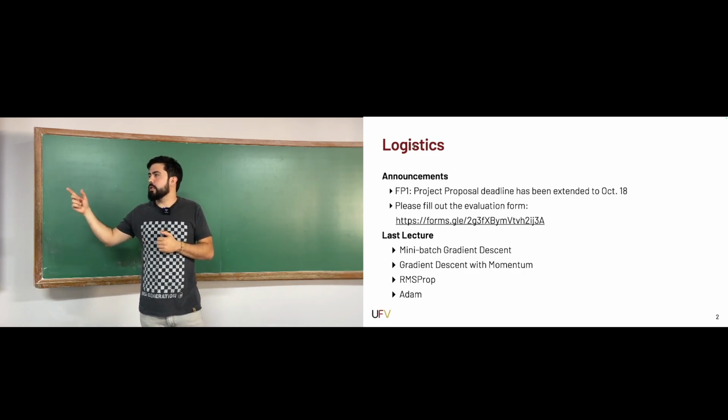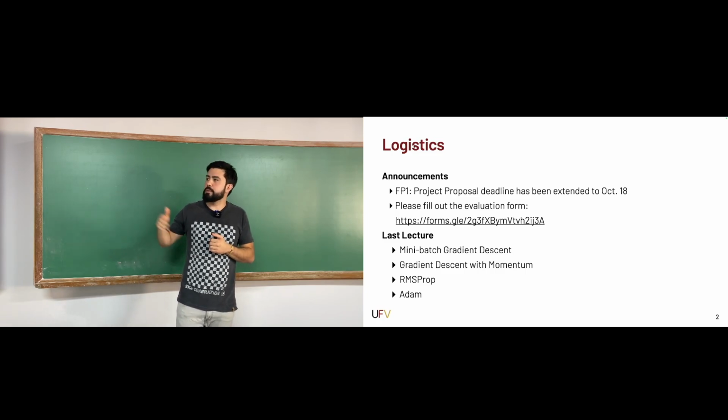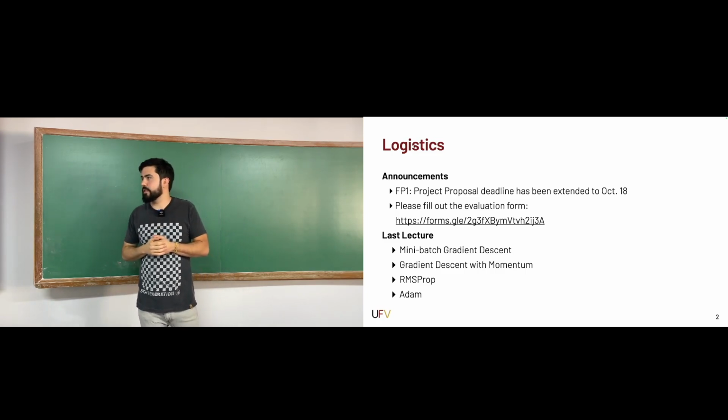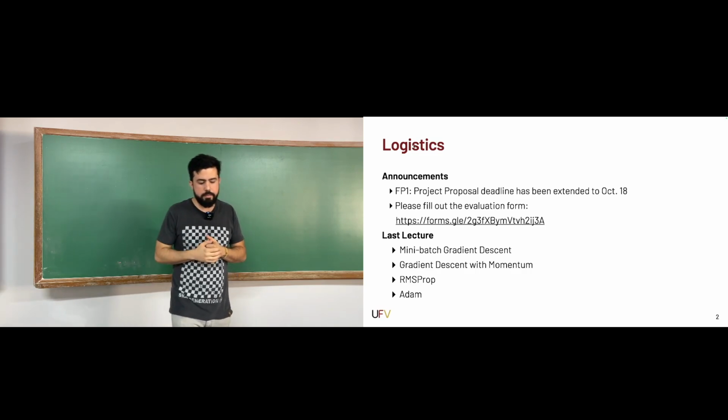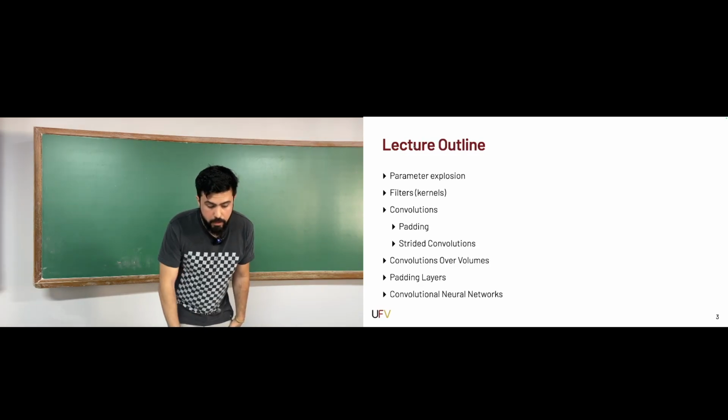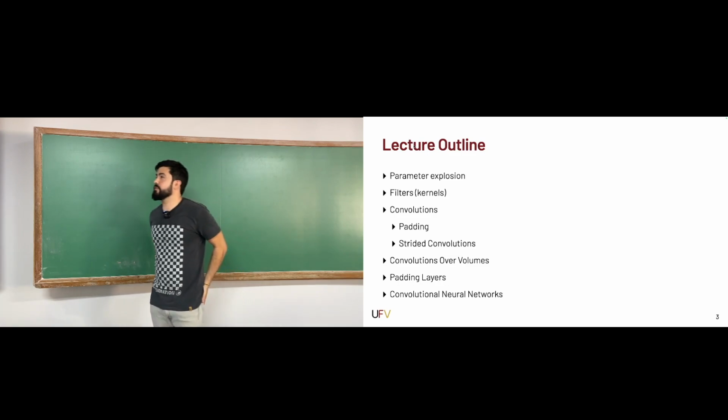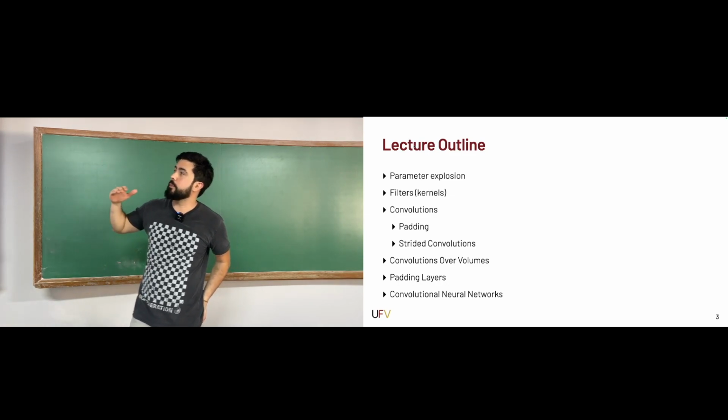And then we saw 3 different algorithms to speed up the mini-batch gradient descent, which is gradient descent with momentum, RMS prop, and Adam.